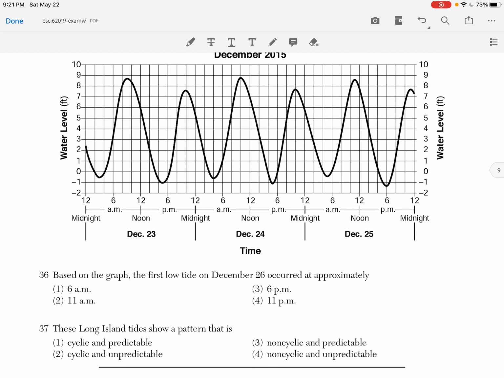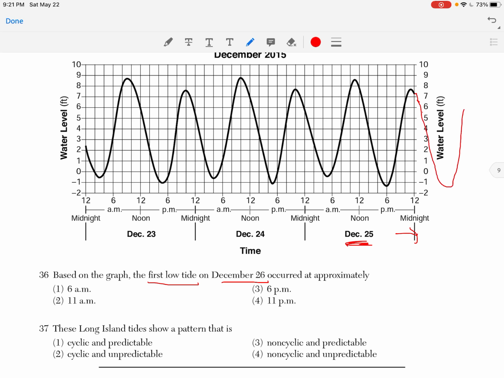It's asking for, when does the first low tide appear on December 26th? Now, right here is December 25th, Christmas, but the next day would be December 26th. So essentially what we're going to do is pretend like we extend this graph out into the future. What would it look like? Well, it probably would go down and then come back up again and then go back down and so on and so forth forever. So we want to know, what time is this first low tide? In other words, right here. Well, the way to do this is to figure out, okay, how long is it between low tides?